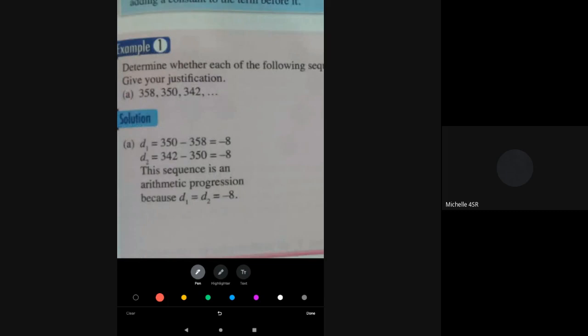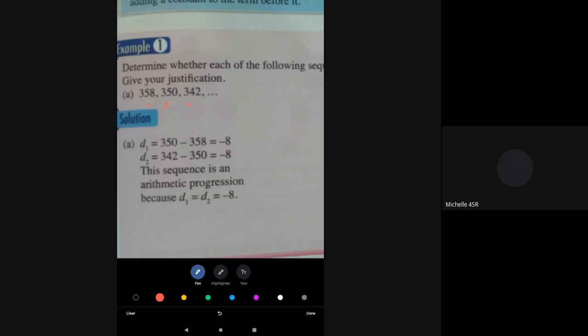Next, for this question, we have 358, 350, 342. We want to find the common difference here. We check between this one and this one, and this one and this one. How to check?